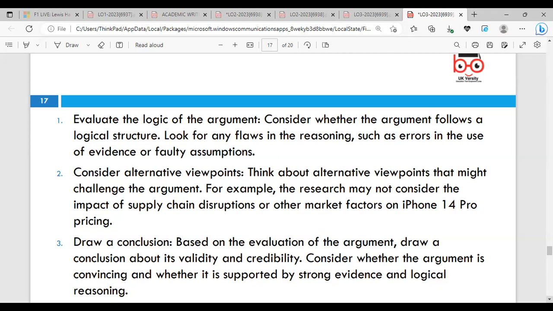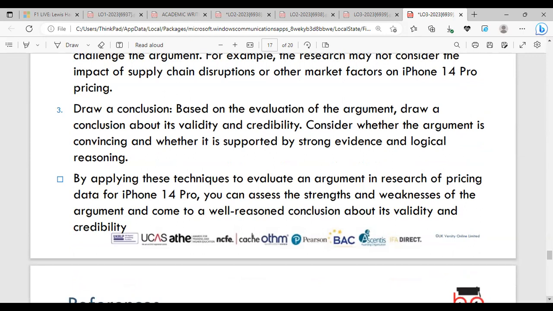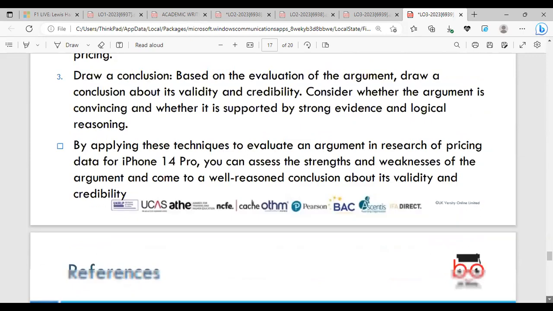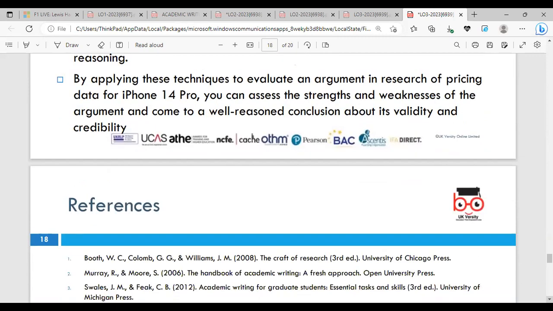Then draw the conclusion based on the argument, considering validity and reliability. By applying these techniques to evaluate the argument about iPhone 14 pricing, we can assess the strengths and weaknesses of the argument, whether it is well reasoned, and draw a conclusion about its validity and credibility.